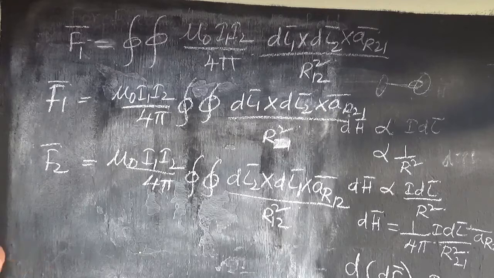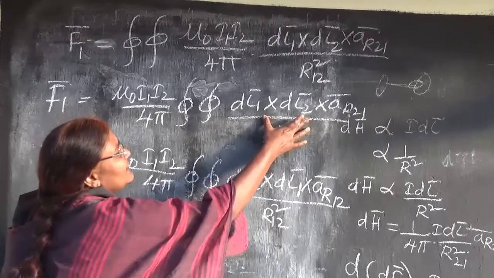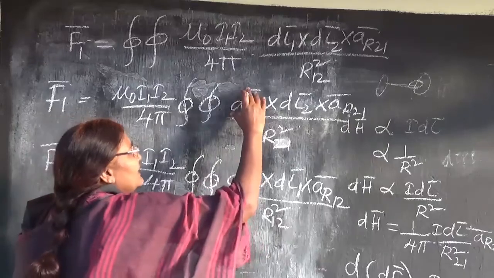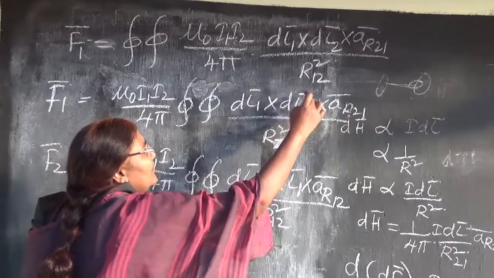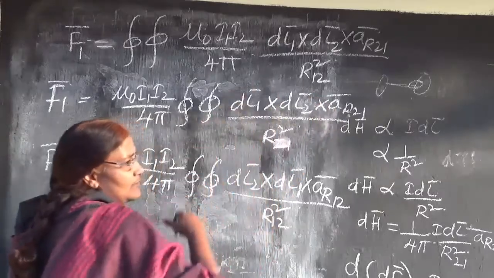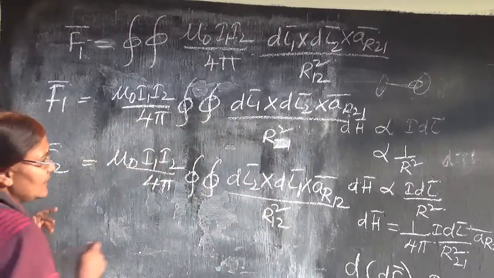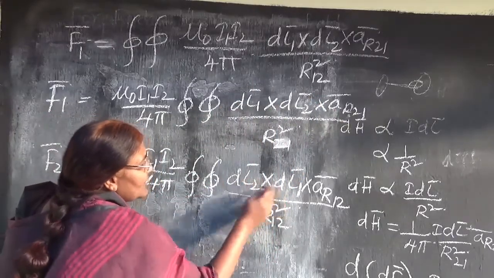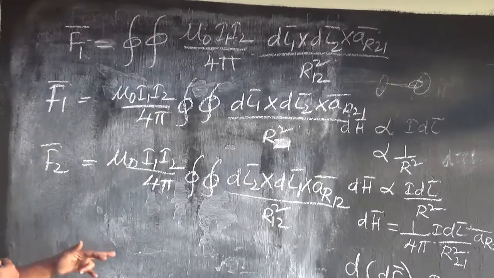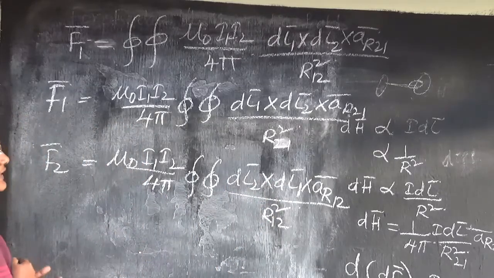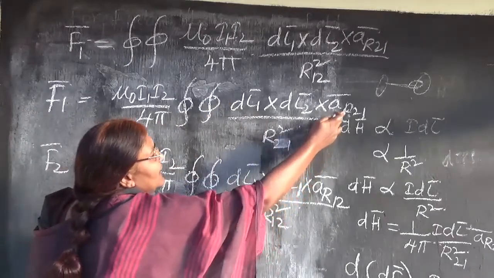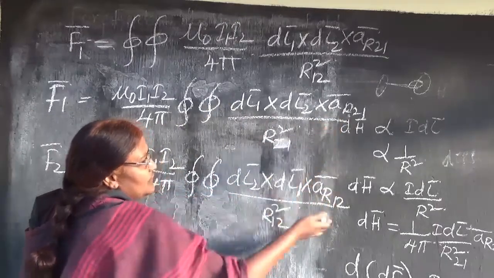And you know that this is nothing but a vector triple product, A bar cross B bar cross C bar. What are the vector identities? If you interchange two quantities, then you will get the negative sign. Otherwise, these are the same and only the unit vector direction is changed.